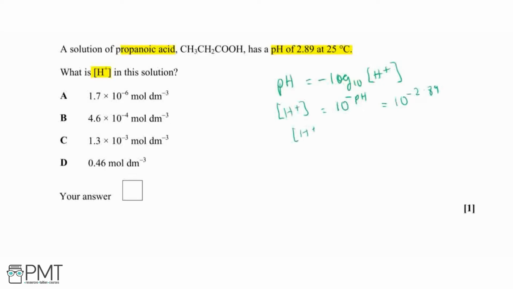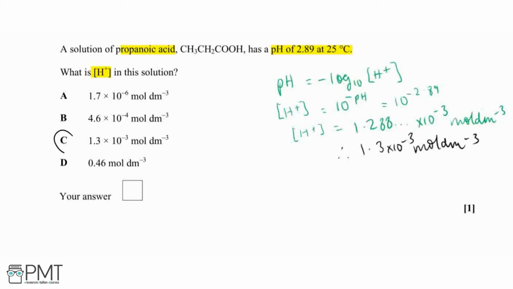This gives a value in the calculator of 1.288 to 3 decimal places times 10 to the minus 3 moles per decimeter cubed. This rounds to 1.3 times 10 to the minus 3 moles per decimeter cubed, which matches up with option C.